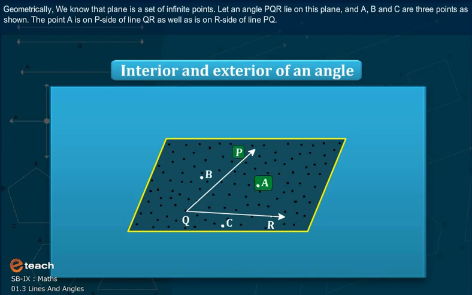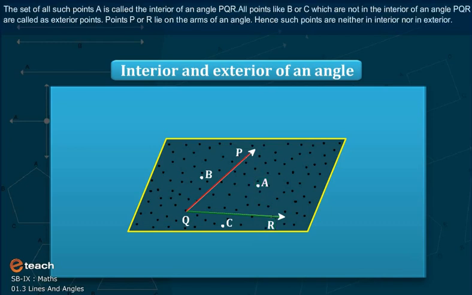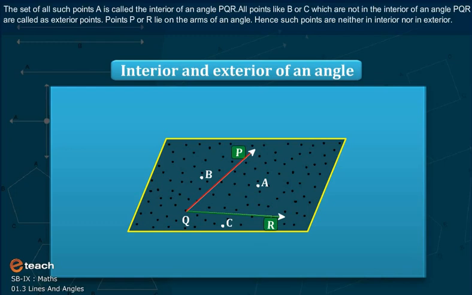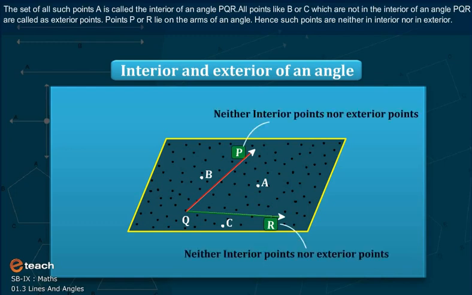The point A is on the P side of line QR as well as on the R side of line PQ. The set of all such points A is called the interior of an angle PQR. All points like B or C which are not in the interior of an angle PQR are called exterior points. Points P or R lie on the arms of an angle. Hence, such points are neither in the interior nor in the exterior.